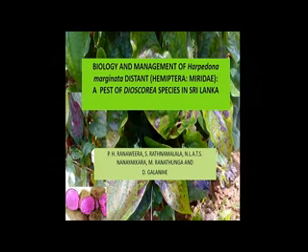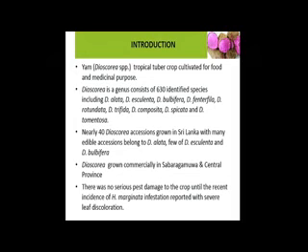Yam is a tropical tuber crop cultivated for food and medicinal purposes. The Dioscorea genus consists of 630 identified species. Accessions found in Sri Lanka include the popular variety Dioscorea alata, Dioscorea esculenta and Dioscorea bulbifera.